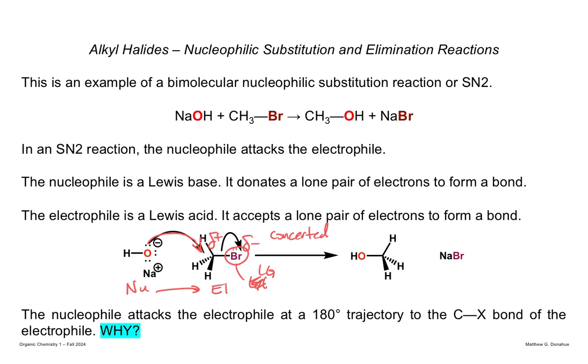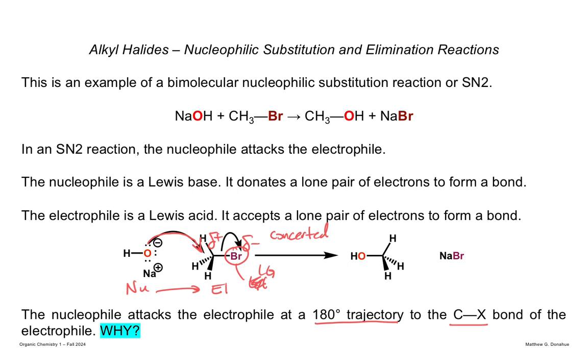We're going to learn another mechanism called SN1, where the timing is very different. And so the final sentence here says, the nucleophile attacks the electrophile at a 180-degree trajectory to the C-X bond.